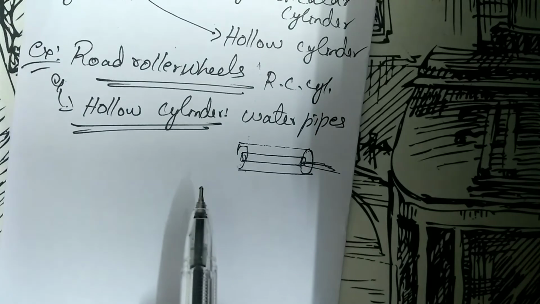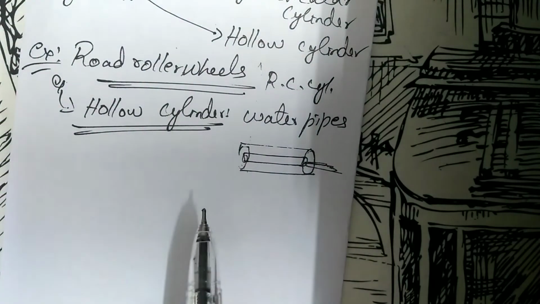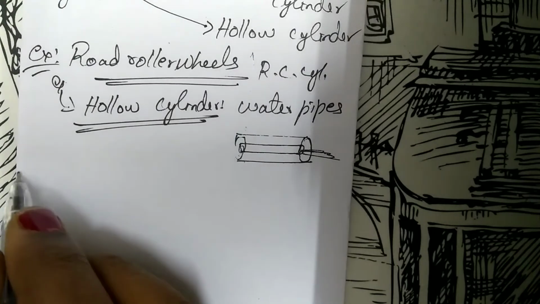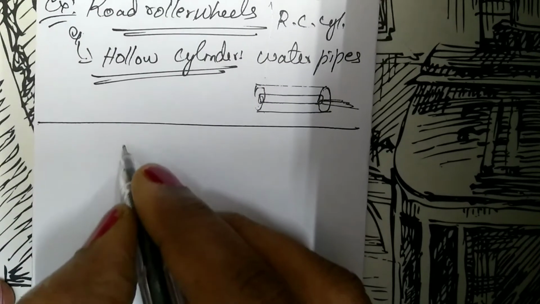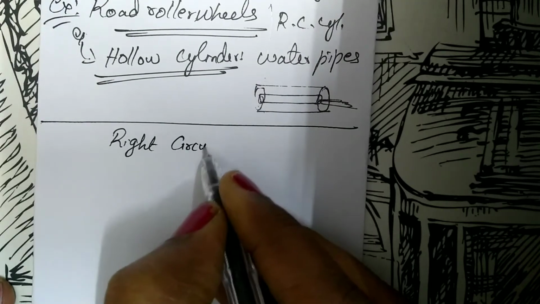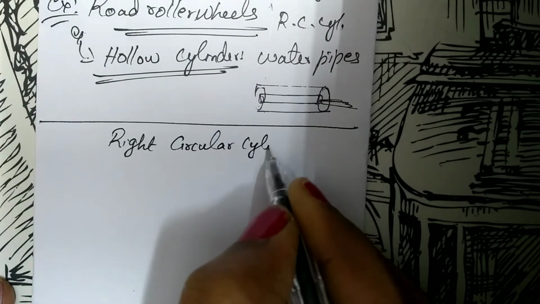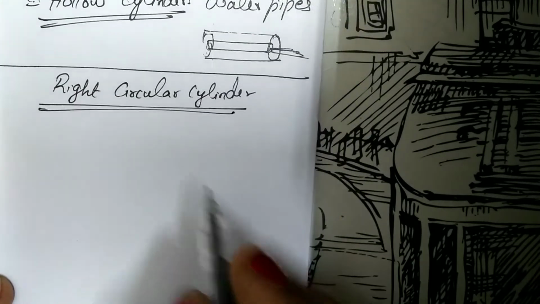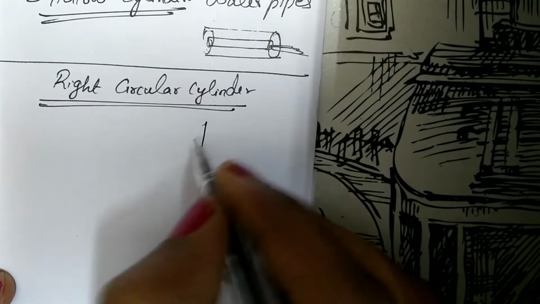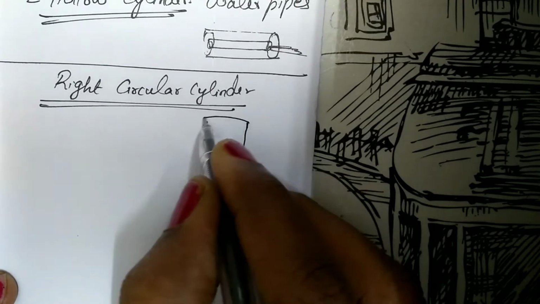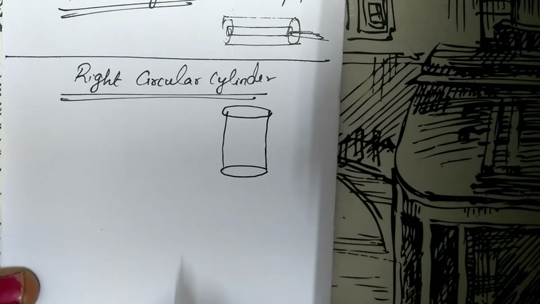So now we start with the right circular cylinder. First we learn the formulas for that. This is our right circular cylinder.